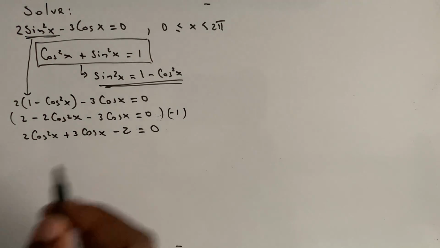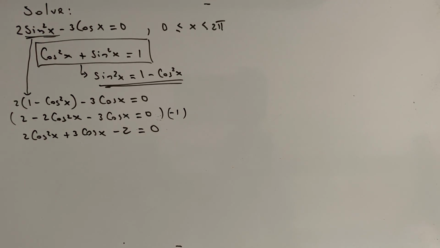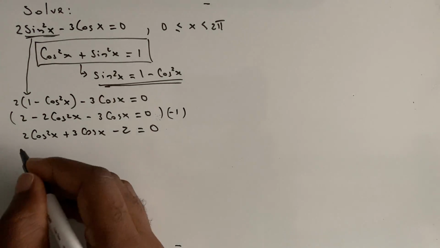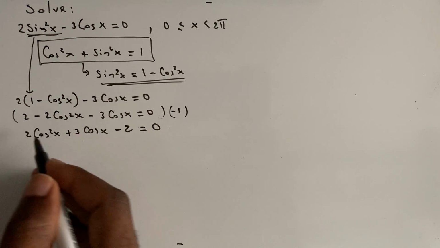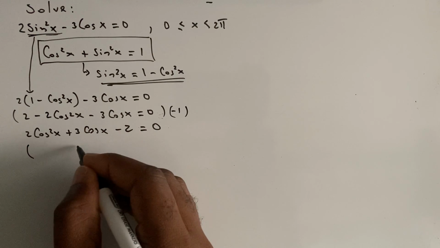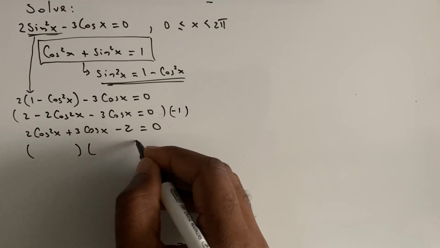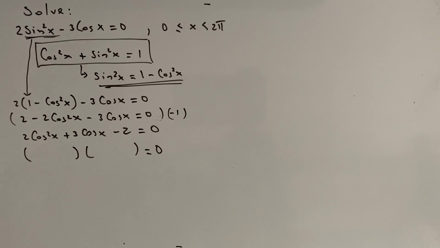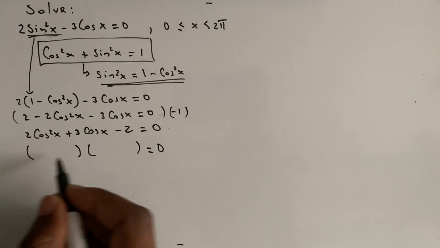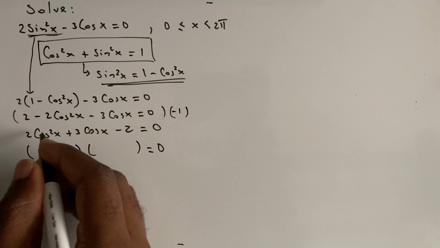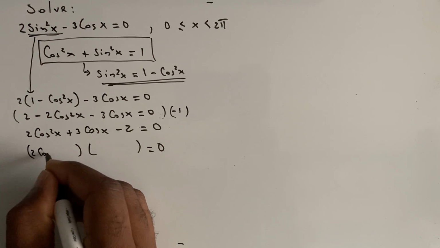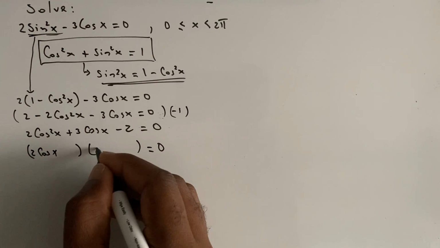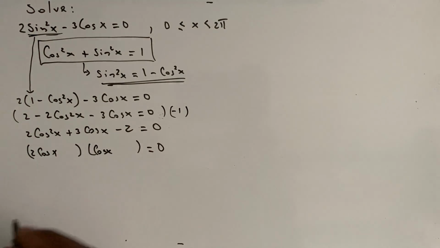Now I rearrange it so it looks like a quadratic equation. Now you could easily factor here. This is like a trinomial. Again, if you don't remember how to factor a trinomial, refer to one of my videos in which I showed you how to do it. Now we can factor: 2 cosine x, cosine x.